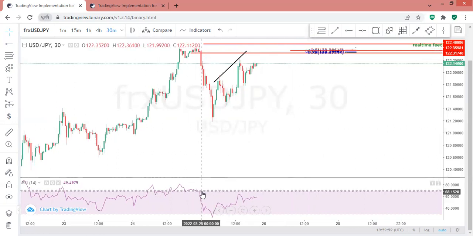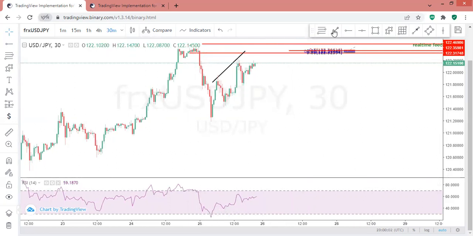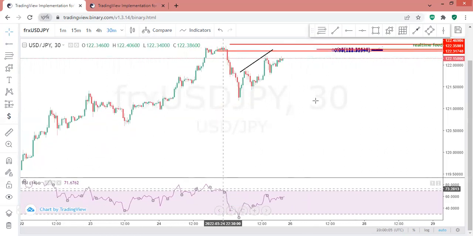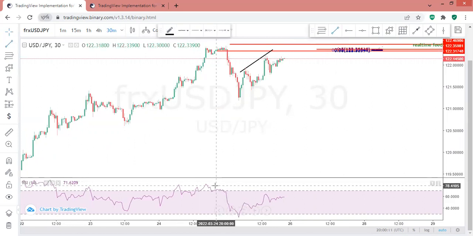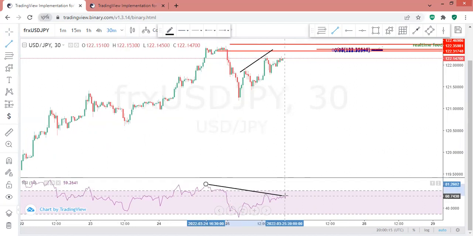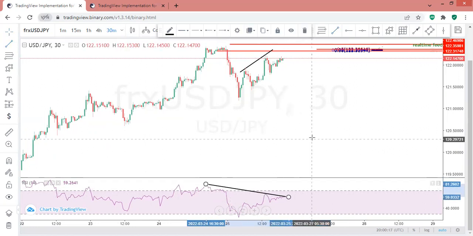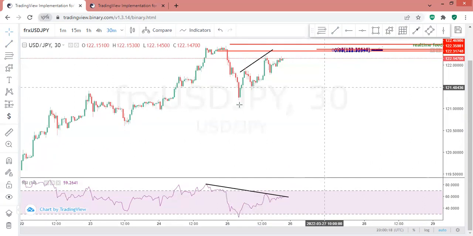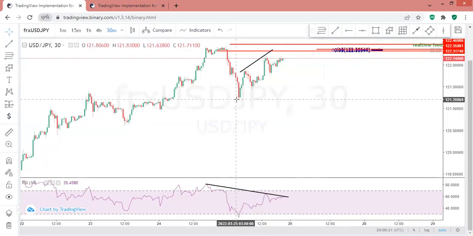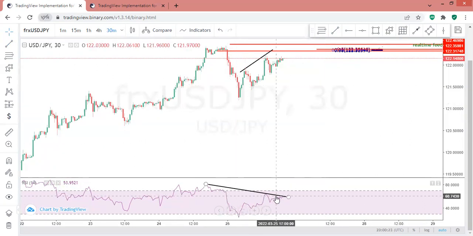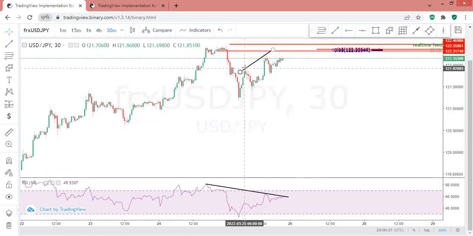Look at this place, from here to here. What are we seeing? Price is making lower highs, and at this same level where price is making lower highs, the indicator is making higher highs.